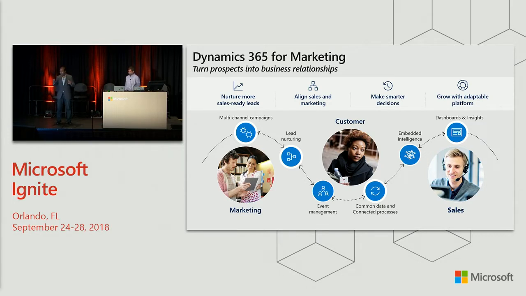Because sales and marketing apps are built on the same platform, the common data and connected business processes drive sales and marketing alignment. We also have some embedded intelligent capabilities like segmentation and the ability to score leads and prioritize leads who are ready to buy. We also have out-of-box dashboards that will help you track and improve marketing performance. We also offer a lot of interaction insights that can help you track and refine your buyer's journey as well.